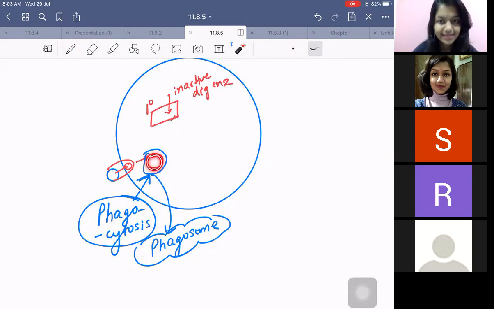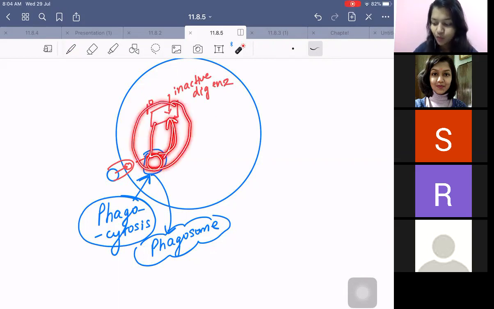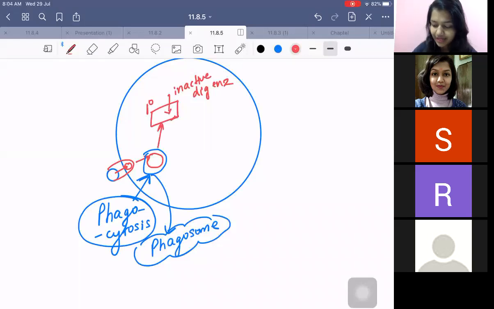It will require digestive enzymes. Yes or no? Where do you get them? In the lysosome. Which lysosome? Primary. What will happen? They will merge. Both of them will merge and become one. And that structure will be called what? Secondary lysosome.